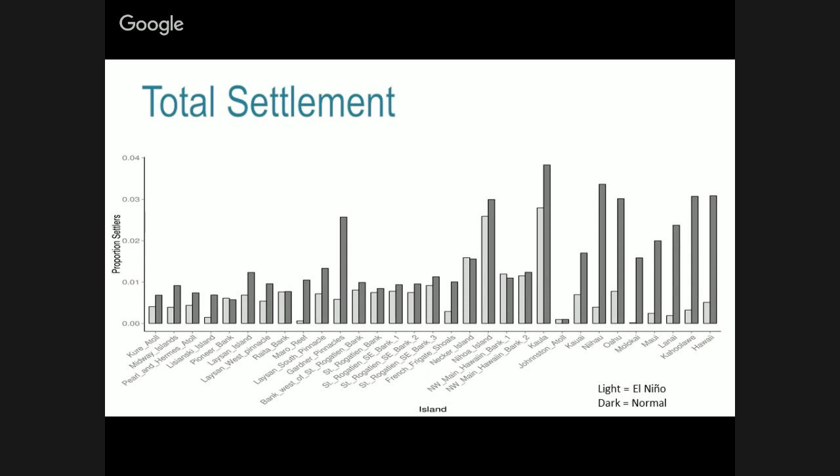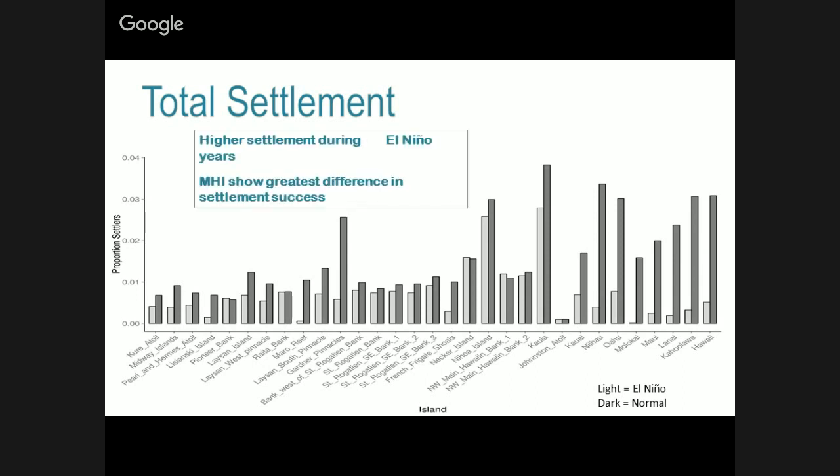But what you should keep in mind with this graph is all the dark bars are generally taller than the light bars. And that means that the total settlement is much higher during normal state years than during El Nino. So when these El Nino events happen, less larvae tend to settle, more get lost. And this is especially obvious here in the north, or in the main Hawaiian Islands.